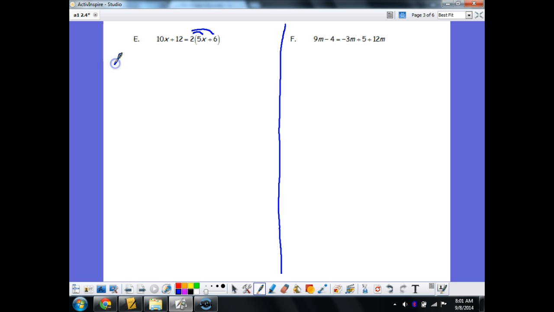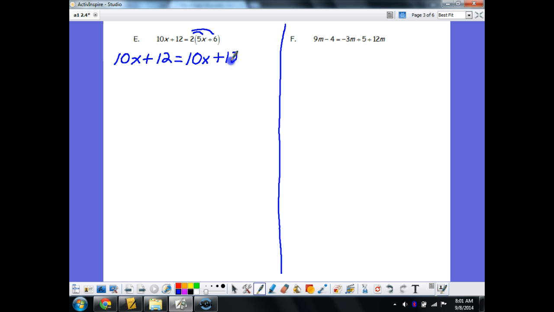So the equation we have after we do that is 10x plus 12 is equal to, when we distribute that 2, we end up with 10x plus 12.